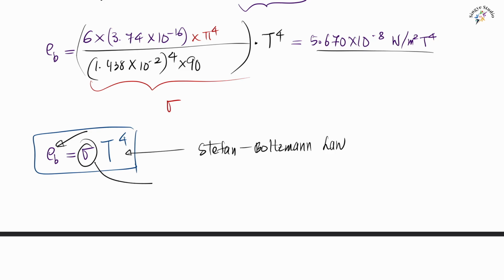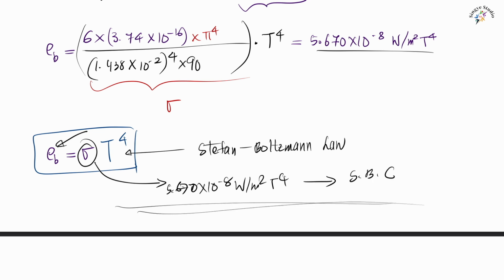And this sigma, having the value of 5.670 times 10 raised to minus 8 watt per meter squared per T raised to 4, is called the Stefan-Boltzmann constant. Okay, so this is the Stefan-Boltzmann constant.